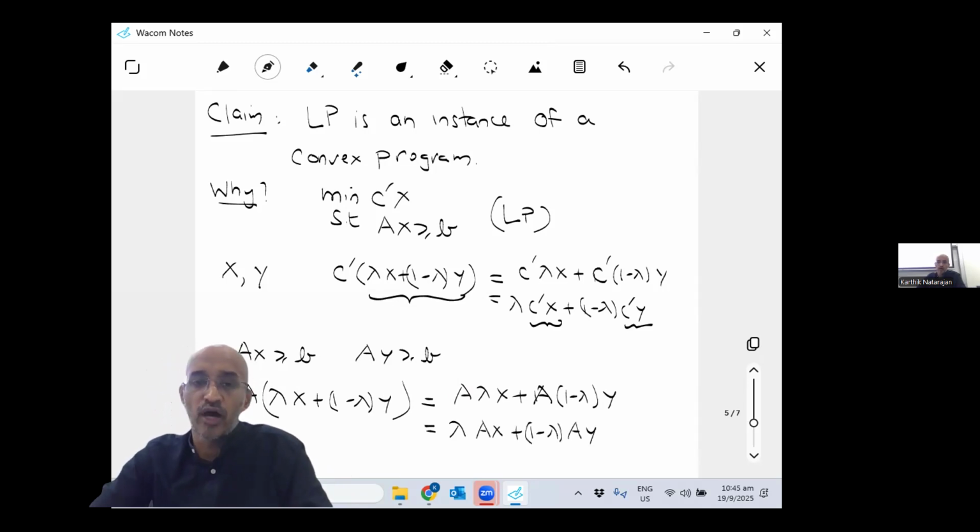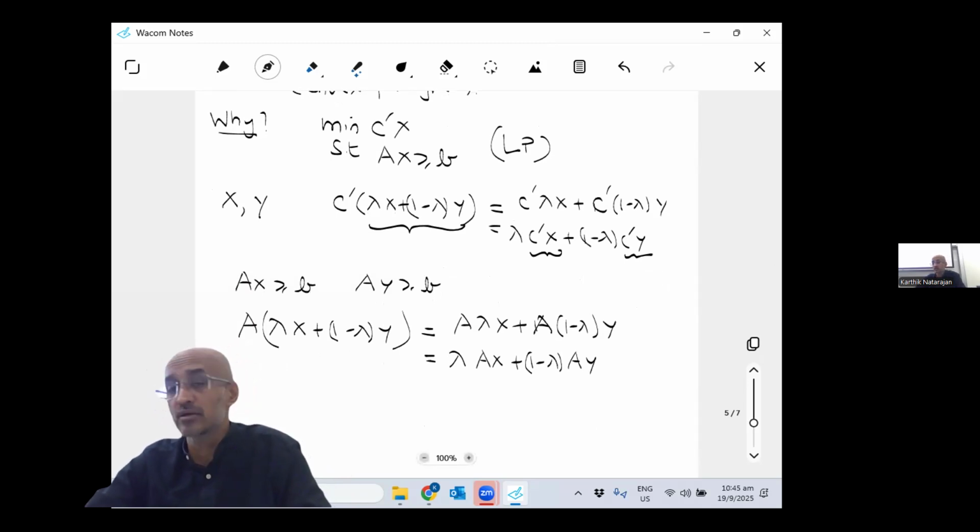And here, in this equality, I really didn't require any assumption on lambda being between 0 and 1. Here I require it because this is going to be greater than or equal to lambda times b plus 1 minus lambda times b, when lambda is between 0 and 1.